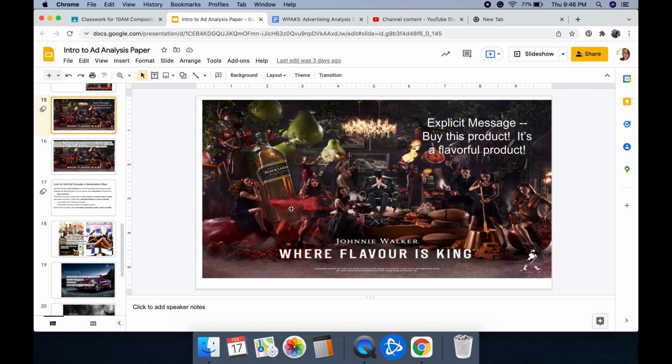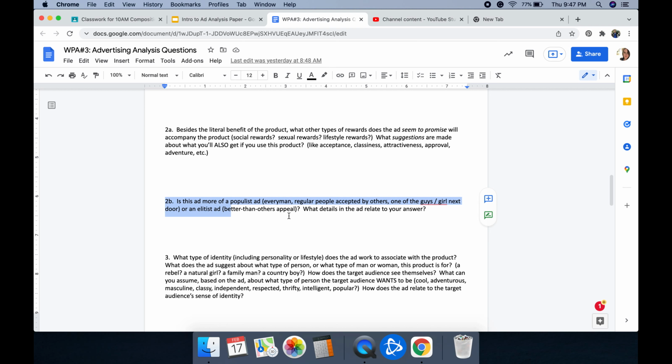And it's all quite fancy, right? These rich colors. And the abundance of food, too, is something we associate with class and the aristocracy. They always seem to have plenty. So those are some details I can talk about here, because you don't want to just write populist. What details in the ad relate to your answer?